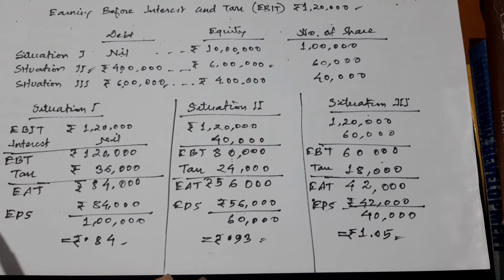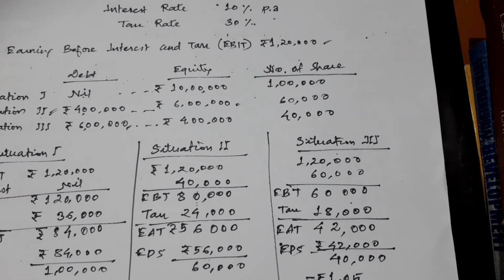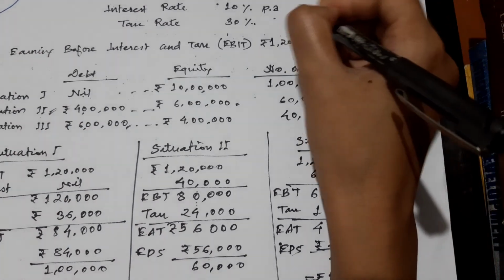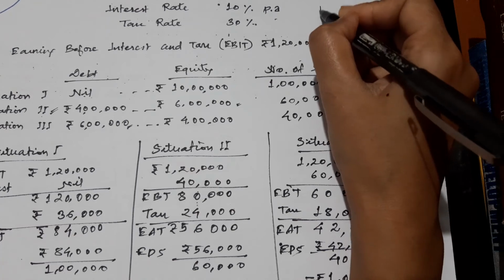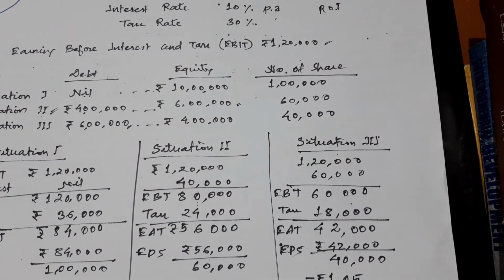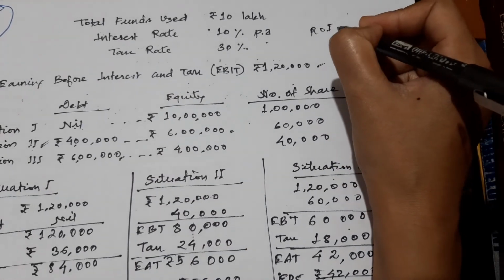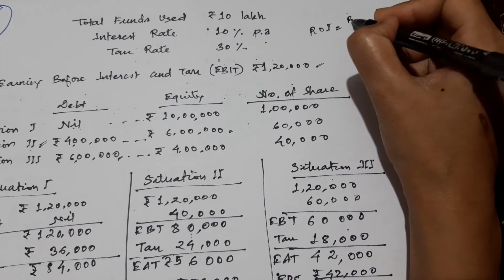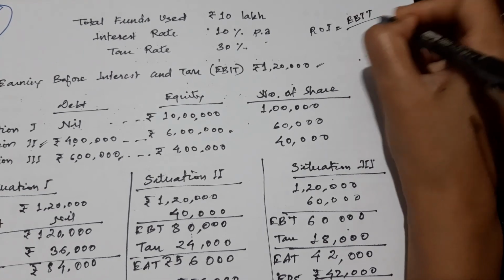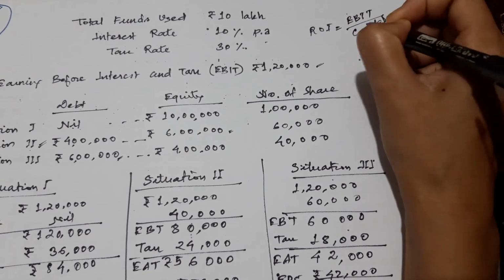Okay. Now when I say high, it is a relative term. In what context is it high? So here you have to find out the return on investment. I have written ROI, return on investment. To calculate return on investment, you need to divide EBIT by total capital employed.